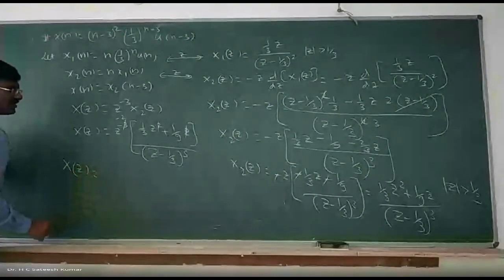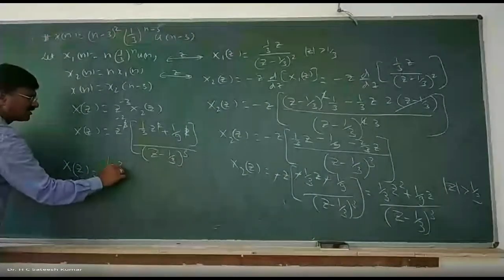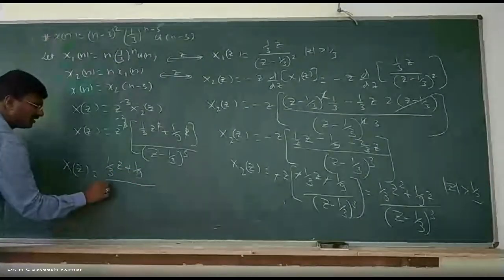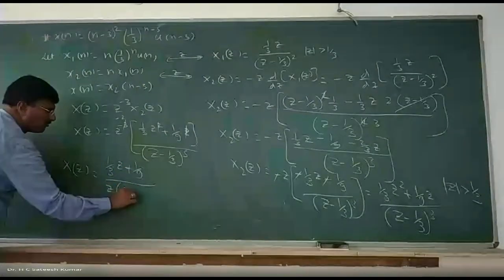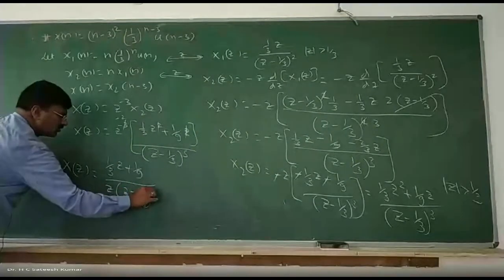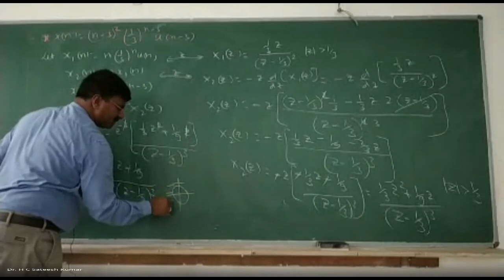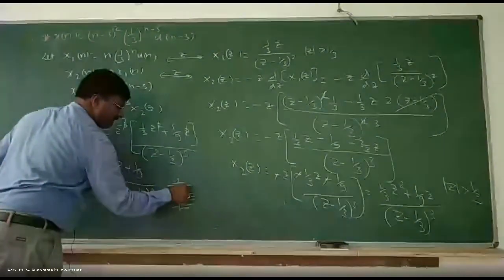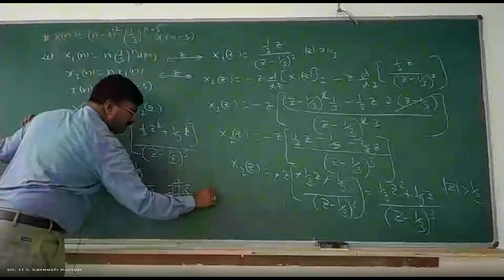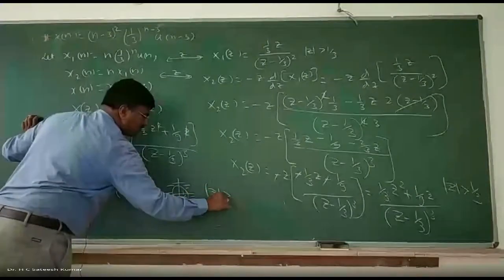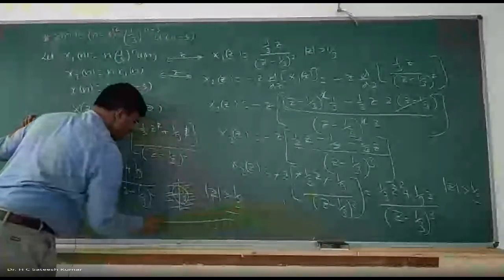X of z is equal to 1 by 3 z plus 1 by 9 divided by z into z minus 1 by 3 whole cube, with ROC mod z greater than 1 by 3. That's how we should do it.